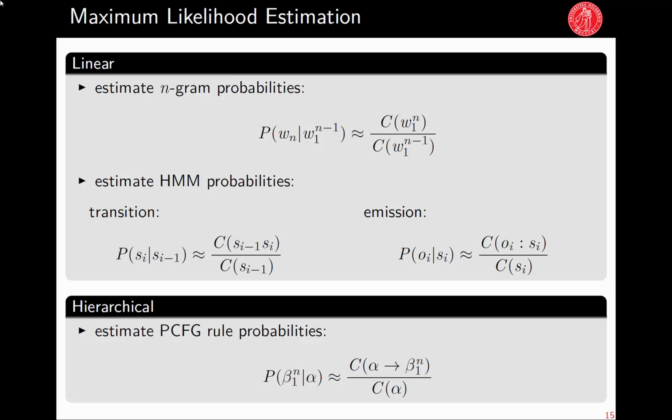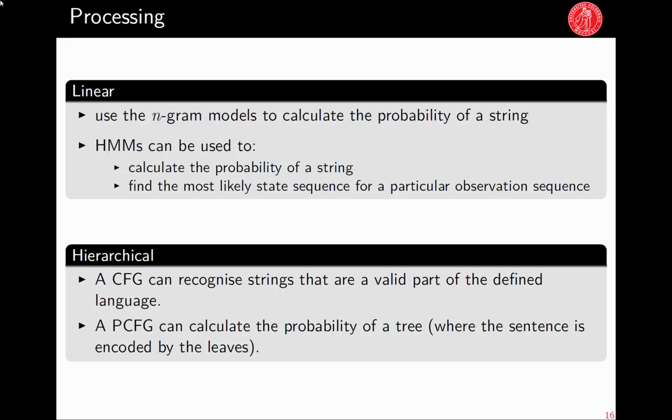You've seen this many times. And the exact same pattern applies to the HMM transition and emission probabilities, and the rule probabilities that we attach to the productions of the PCFG. Here the conditioning context is the left-hand side symbol, the non-terminal that the rule rewrites.